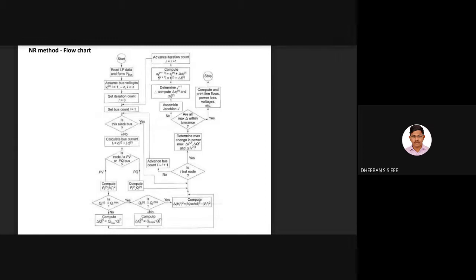For the PV bus, the same thing we did with respect to the Gauss-Seidel algorithm, you have to do over here also. Just go through this entire flowchart for 5 minutes, and any doubts you can ask.